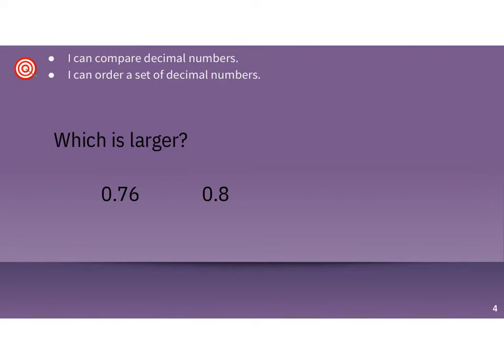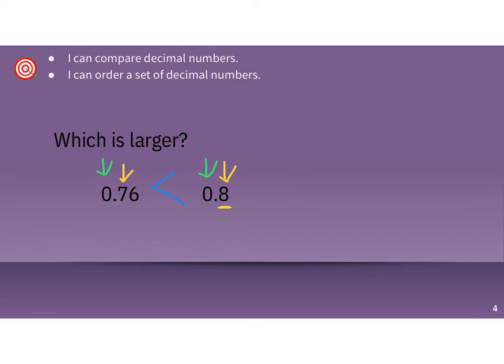Which would be larger between these two numbers, 0 and 76 hundredths or 0 and 8/10? 0 and 76 hundredths would be less than 0 and 8/10, or in other words, the larger number is 8/10. If I follow that same strategy of comparing places, 0 in both the ones places, so then moving over to the tenths, I have 7/10 versus 8/10. 8/10 would be larger.